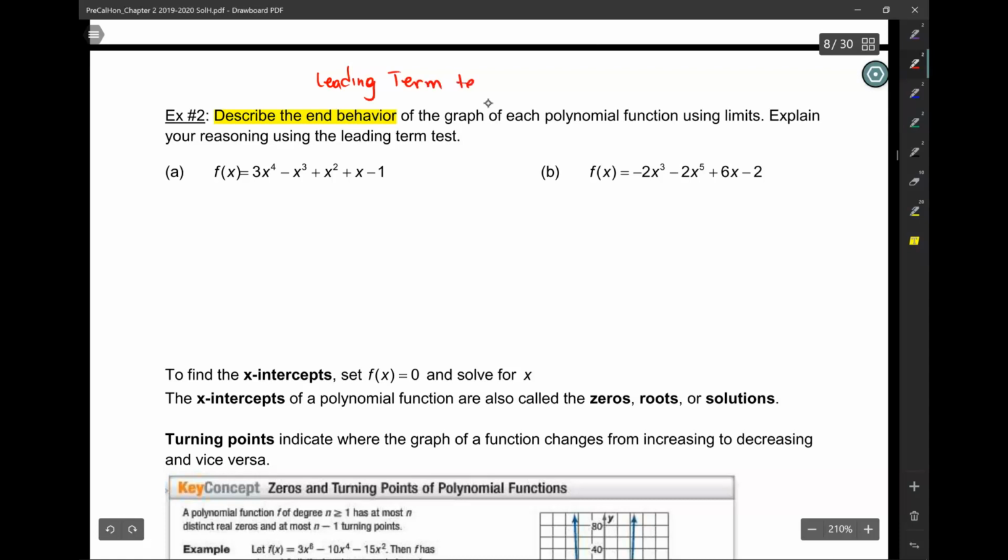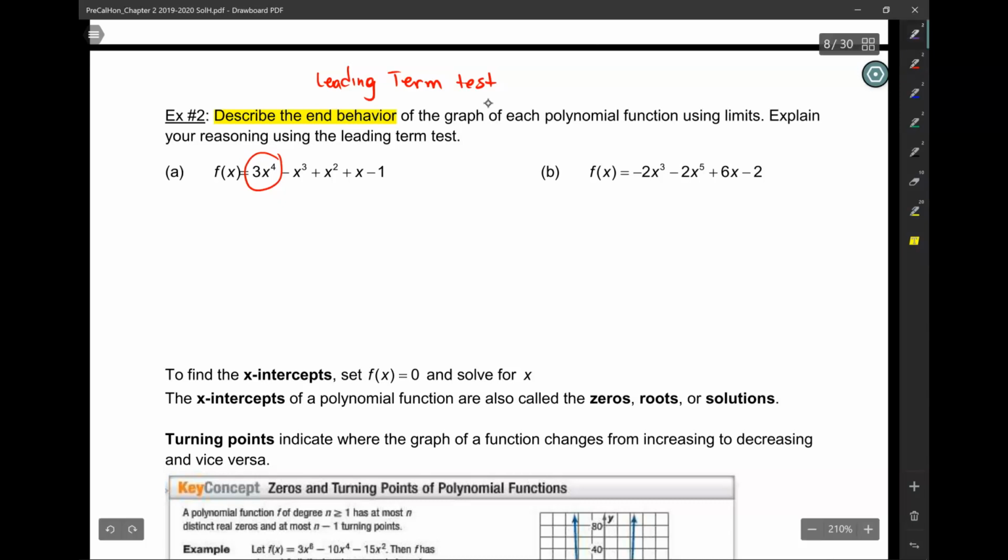How do I figure out the leading term? It's the one with the highest degree. So between these, it's the first one. You have to be careful to take the plus or minus with it. Now, when it says describe the end behavior, I want the limits as x approaches positive and negative infinity.